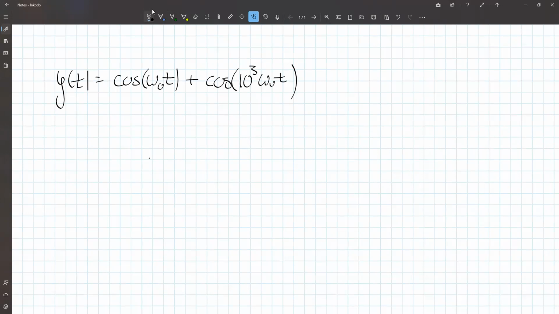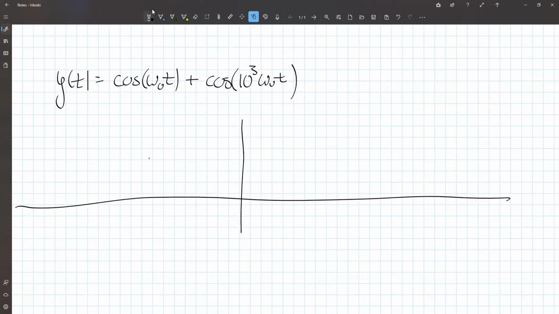When I talk about the spectrum, I am now on the frequency domain. This axis here is ω, and this is the amplitude of big Y(jω), which is the Fourier transform, which we're not there yet, so it's not important that you don't understand that.